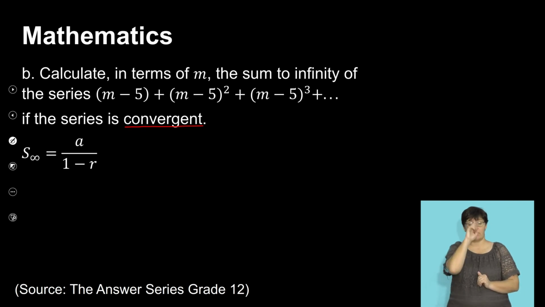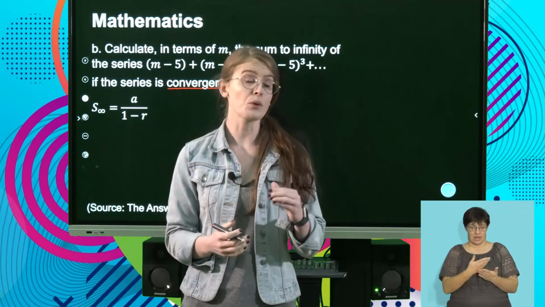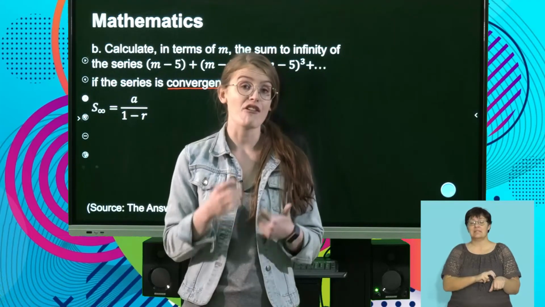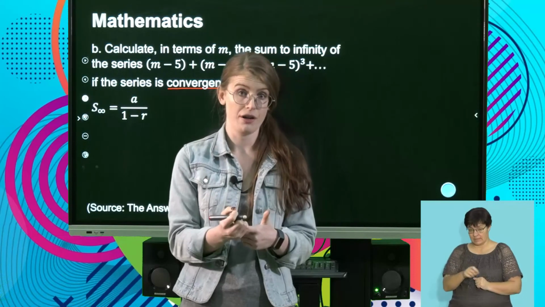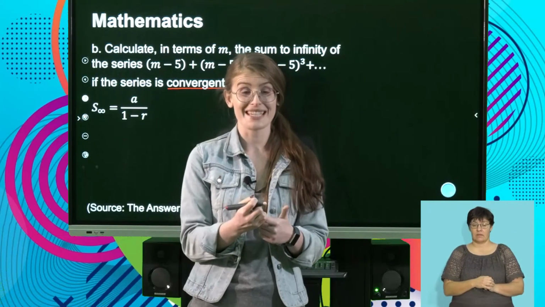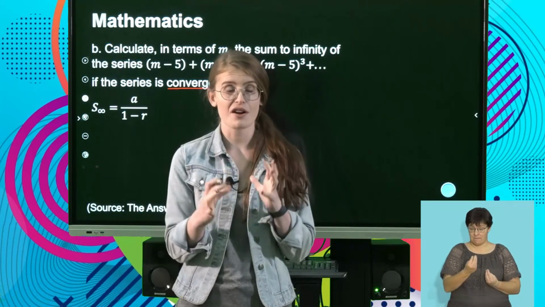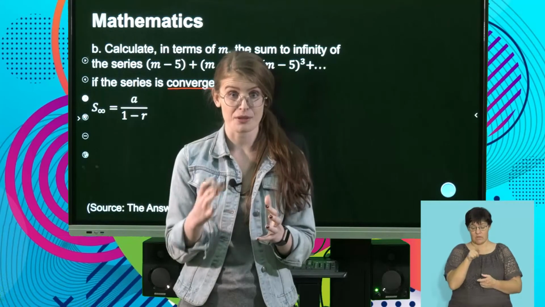So just a reminder, because the series is convergent, I can calculate the sum to infinity. In order to substitute into the sum to infinity, I need to have my a present as well as my r. I want my sum to infinity in terms of m. So whatever our sum to infinity is, we're going to simplify it in terms of m.